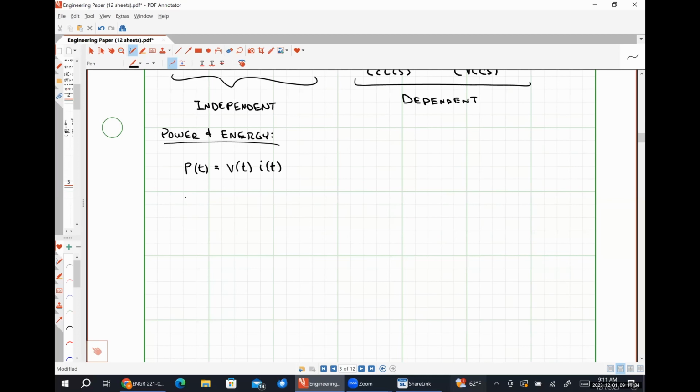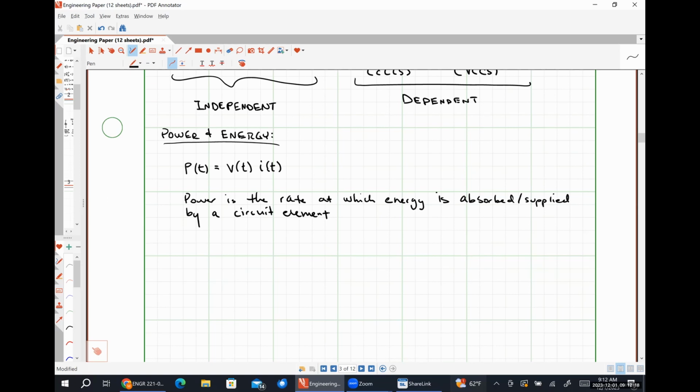So we're going to define power as the rate at which energy is absorbed or supplied by a circuit element.